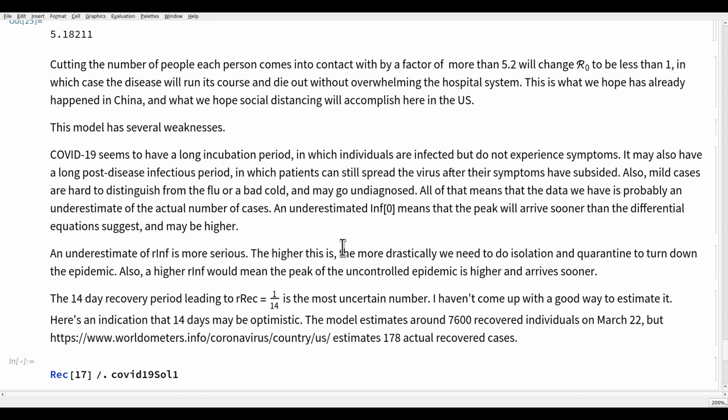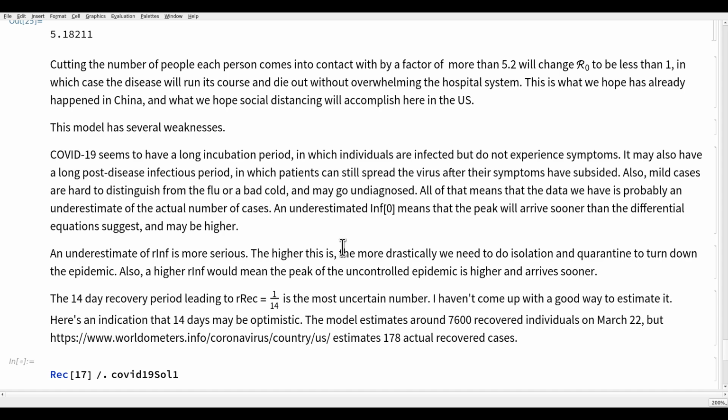Also, like I said, the 14-day recovery period is just kind of a rough guess based on what I've heard. One problem with that is that people can apparently continue to spread the virus even after their symptoms have subsided. But also, when you have a cough, sometimes the irritation in your throat continues long after the disease itself has run its course, and it just takes a while for the irritation to be healed.